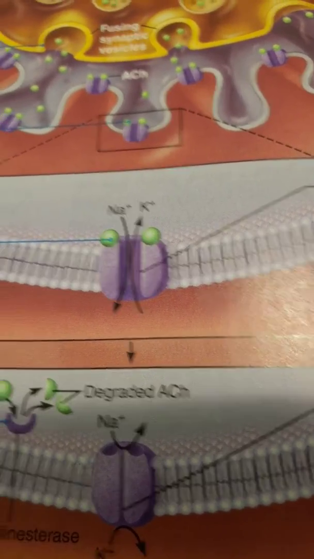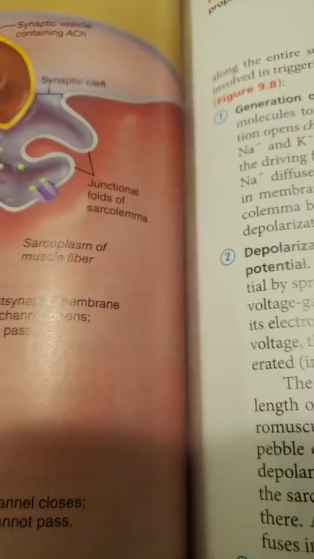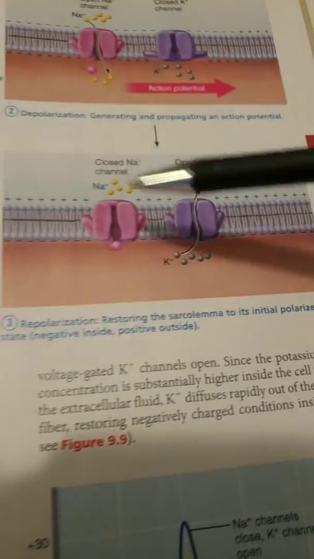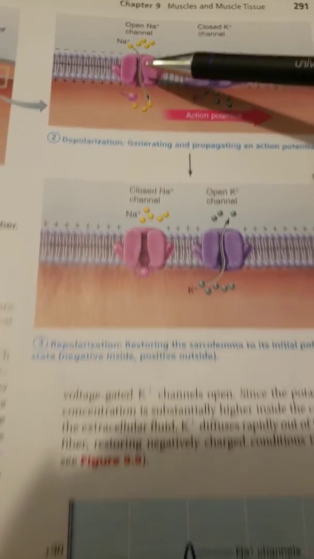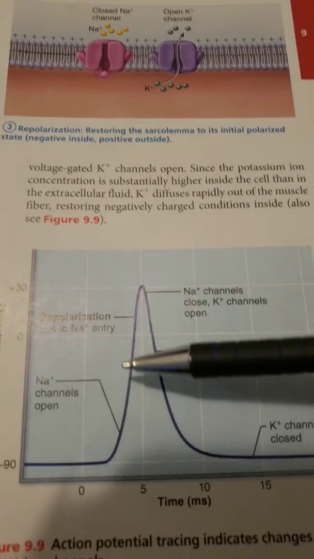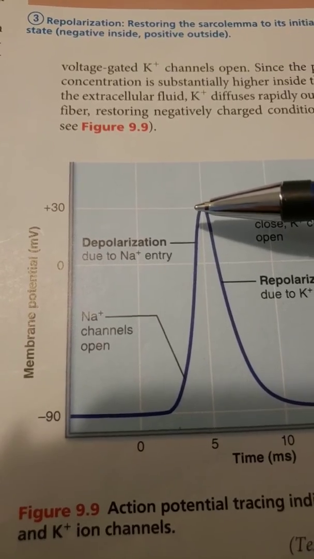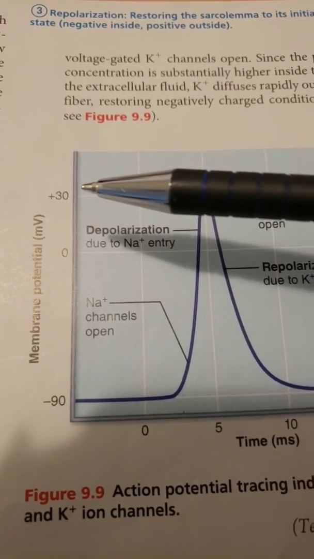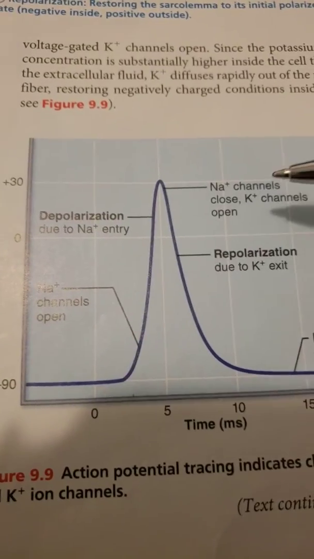As that change in voltage spreads on the sarcolemma, it causes an opening of sodium voltage-gated channels, allowing sodium to come in, causing depolarization of the membrane up to +30 millivolts. At +30 millivolts, two things happen.